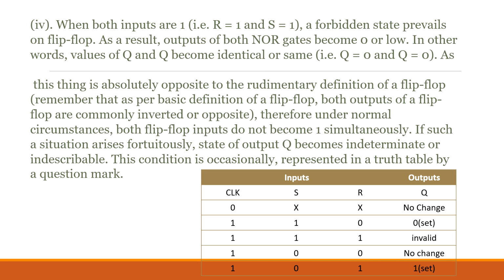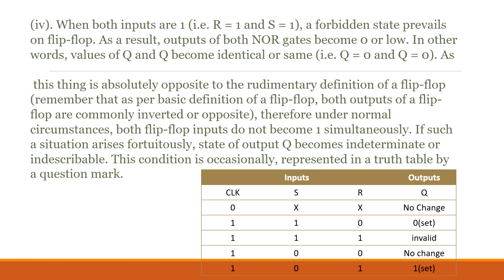When both inputs are 1, a forbidden state prevails on the flip-flop. As a result, the output of both NOR gates becomes 0 or low. In other words, the values of Q and Q prime become identical or the same. This is absolutely opposite to the rudimentary definition of a flip-flop.